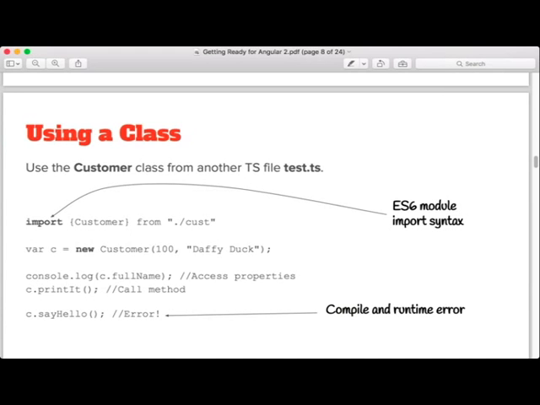And once you create the object, you can start calling its public methods and access its public variables, public fields. In the last line, we are calling a method called say hello, but guess what? There is no method called say hello in the customer class, so the compiler is going to catch that and give you a compiler error.